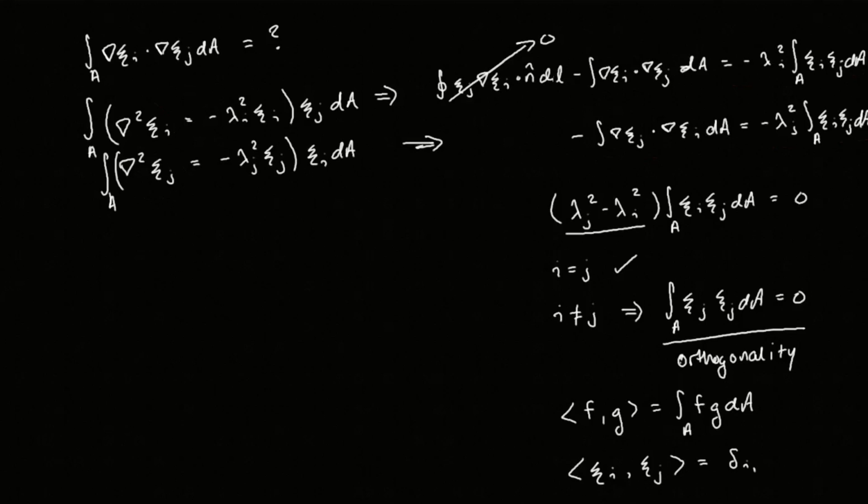So in other words, it's 0 when I is not equal to j, and when I equals j, it's 1, multiplied by the magnitude of Ci squared.